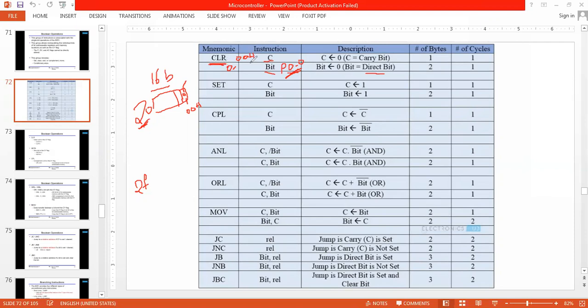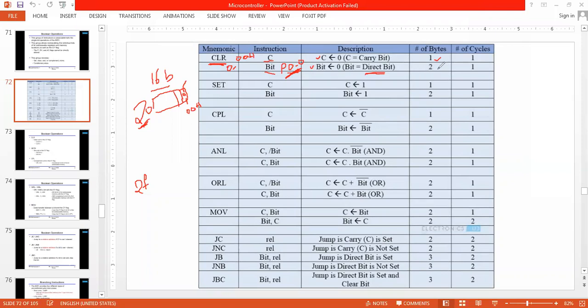So in that way also I can write either a carry flag or a direct bit, the address of the bit or the individual bit of the register. Here, when it is CLR C, it is going to occupy a single byte in the memory location.